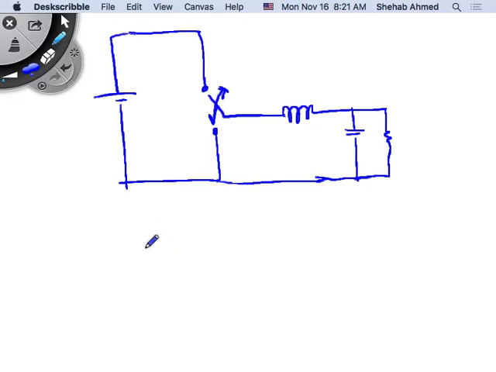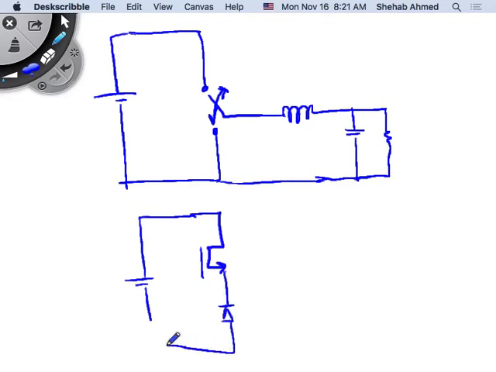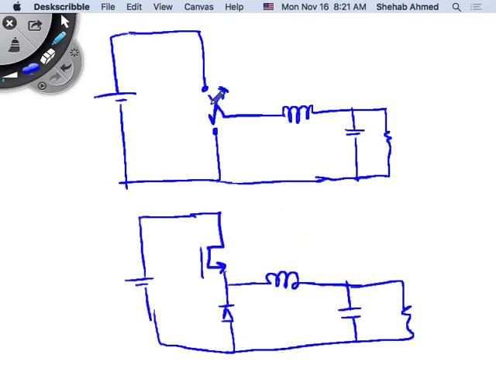And in the buck converter, we said the equivalent to this pole-throw combination is this circuit. And this we said we can get from the slides from chapter 1, right? We said that if this is the voltage polarity, the current polarity is this way.